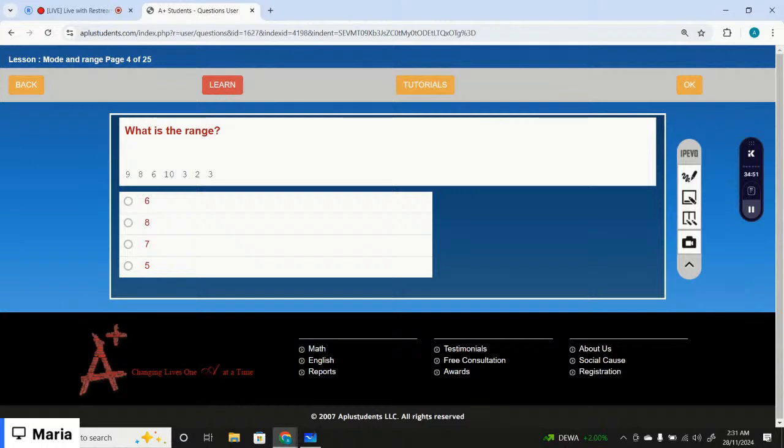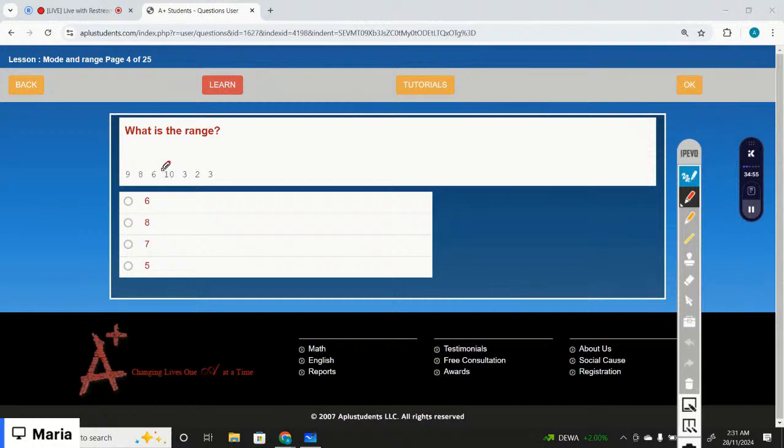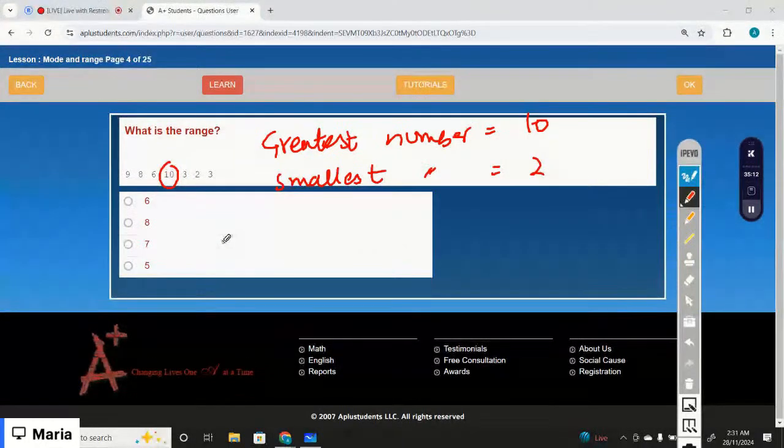What is the range? The greatest number in the given data is 10. And the smallest number in the given data is 2. So the range is simply the difference of the smallest and the greatest number in the given data.